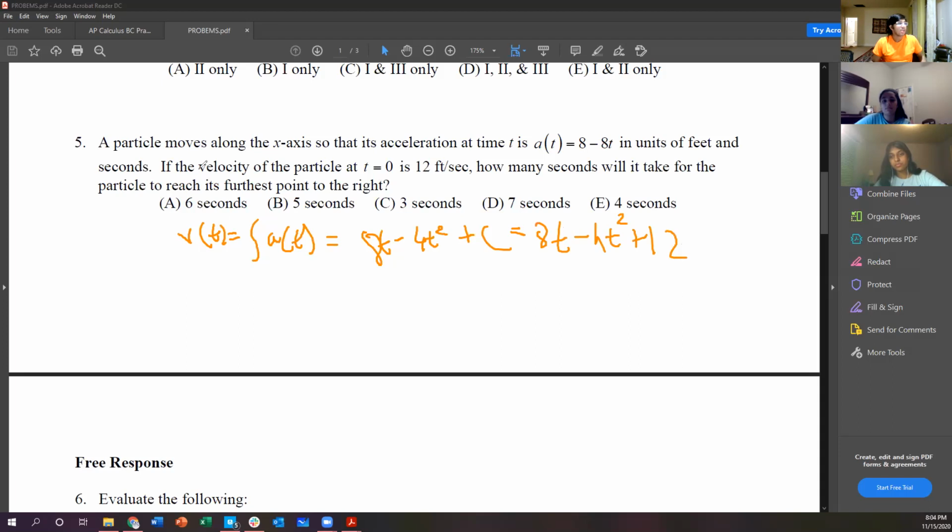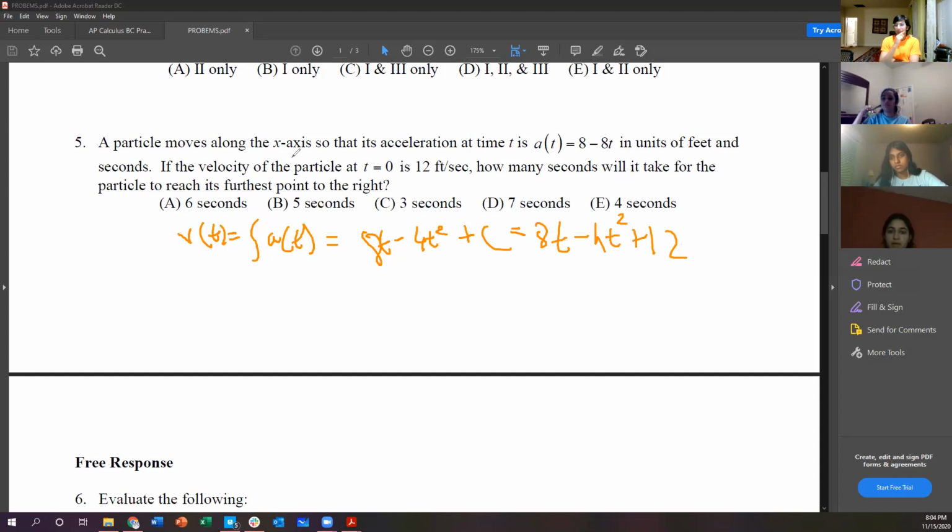Now, how many seconds will it take for the particle to reach its furthest point to the right? What does it mean for the particle to reach its furthest point to the right? What does that say about velocity? It has to be that velocity is 0, right?